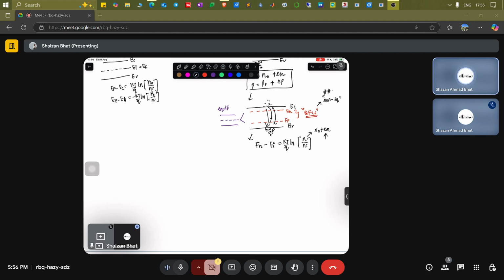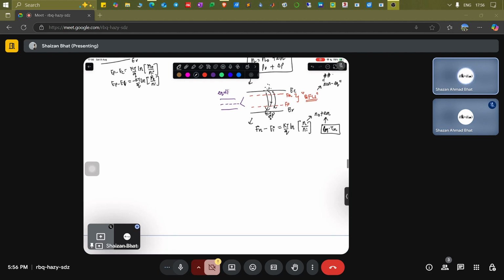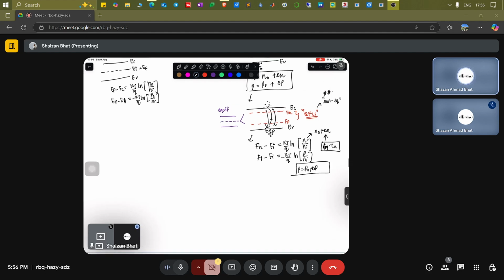This delta n depends on the generation rate and on the time constant of the electrons, how much recombination time there is, how much time the electron spends in the conduction band, which is basically the decay rate. Similarly, for the holes, Fp minus Ei is equivalent to kT over q, with a minus sign, ln of p over ni. You can write p as p naught plus delta p. So these are the equations in equilibrium and non-equilibrium.